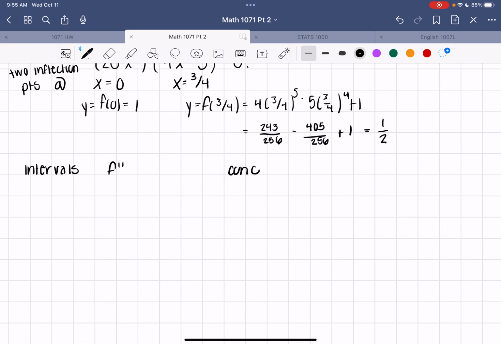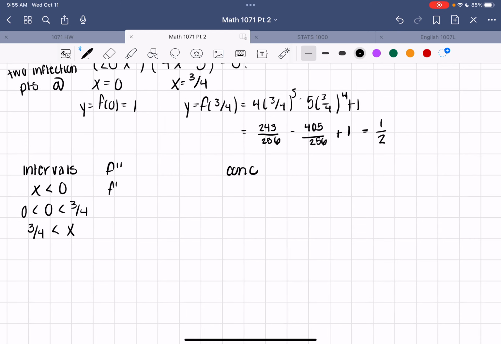So we have left of 0, between 0 and 3/4, and then to the right of 3/4. So take f double prime of -1, and it's positive times negative is negative, concave down.